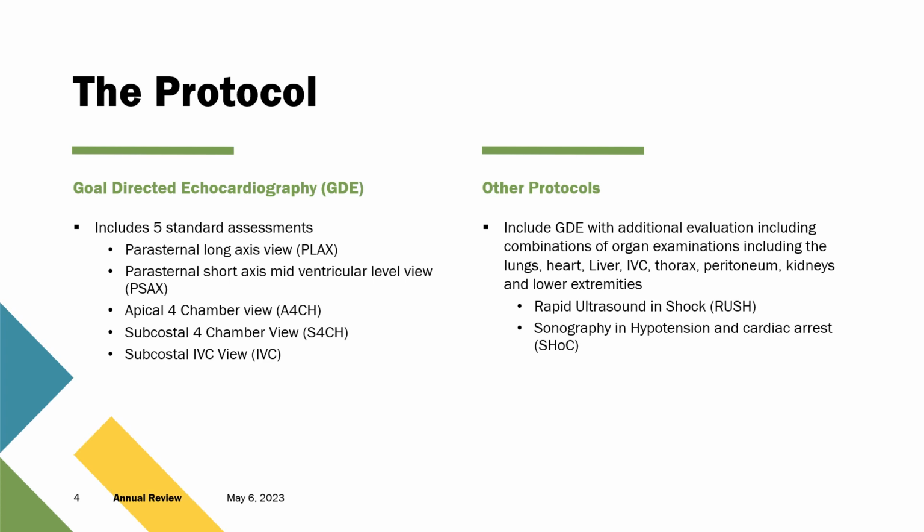So the general GDE is going to include 5 standard assessments: the parasternal long axis view, or the PLAX, where you're going to be evaluating basically the left outflow tract, the left ventricle, and that mitral valve, as well as the parasternal short axis at the mid-ventricular level. This is where you're going to be looking at that left ventricle, all the walls around the ventricle, assessing how efficiently they are contracting.